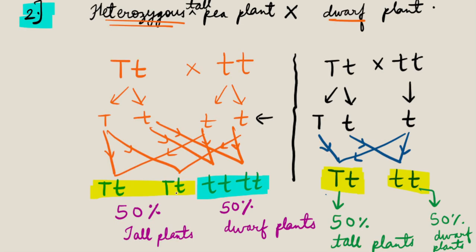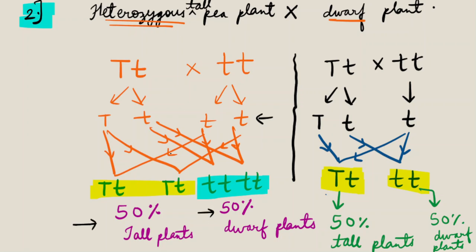Next, a question can be asked this way: what should be the genotypes of the plant? Reverse question. What should be the genotypes of the plant in such a way that we should get 50% tall and 50% dwarf plants?